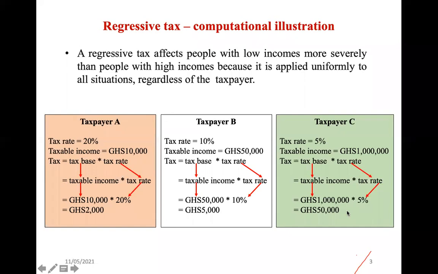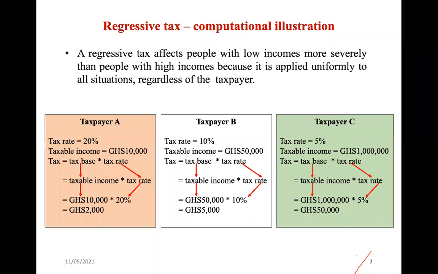You'd realize that by the mere fact that he pays a lower rate of tax, even though his income is the highest, shows that this type of tax is a regressive tax.